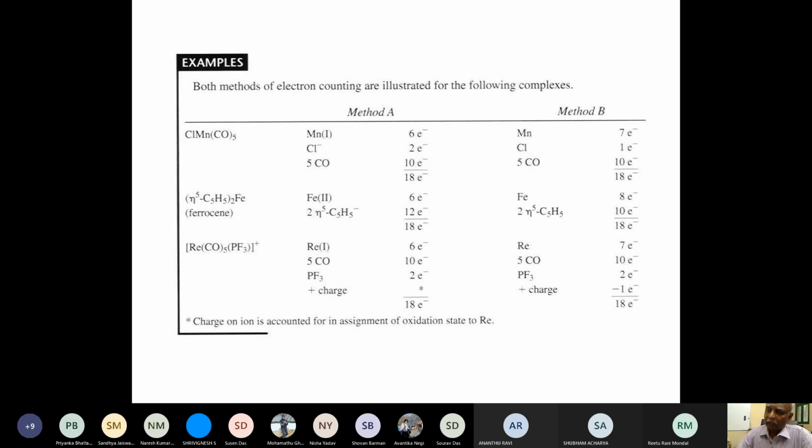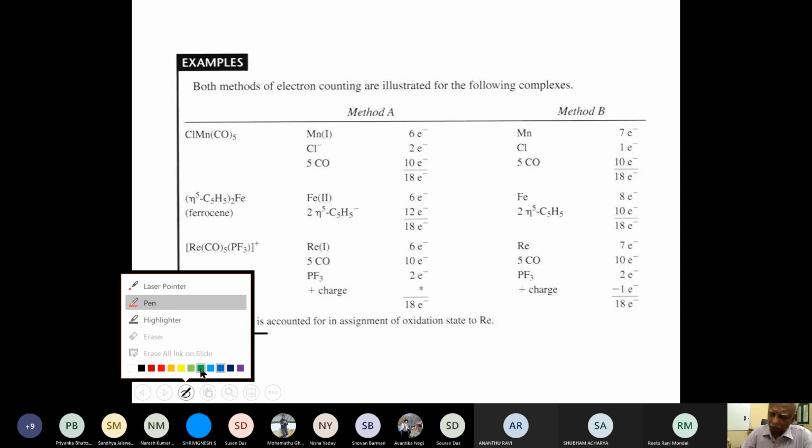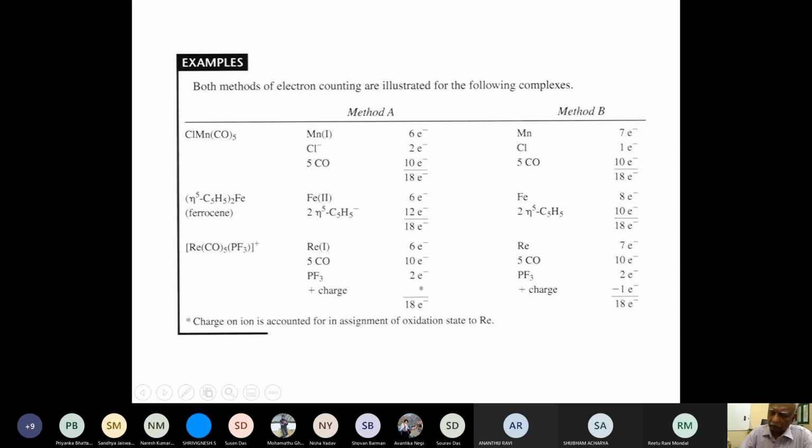So here I have ClMnCO5. This is the ionic method, the first one that I did, and this is the neutral method. Now, I also need you to remember the electron counts on the metal.